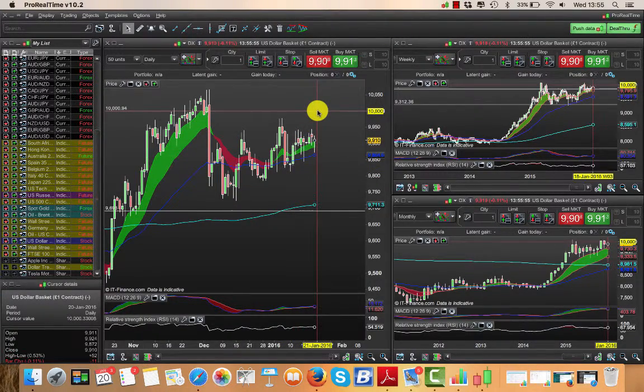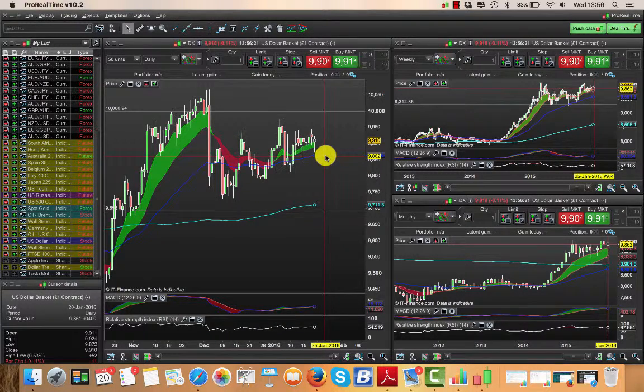This is 10,000, or 100,000 on some charts, but 10,000 over here. Are we going to get to this 10,000 mark, and how is price going to react? Well, price hasn't really even pushed up to that point. It's just flatlined a little bit over here. Technically we're still in a slight uptrend, although it's not a very strong uptrend at all. So it's pretty weak on the US dollar index.